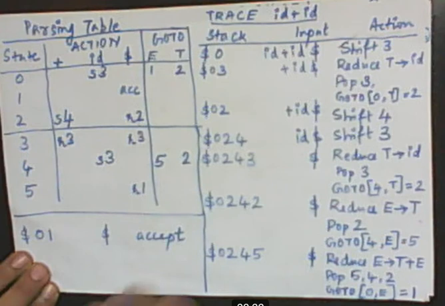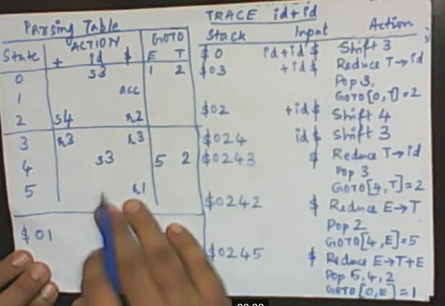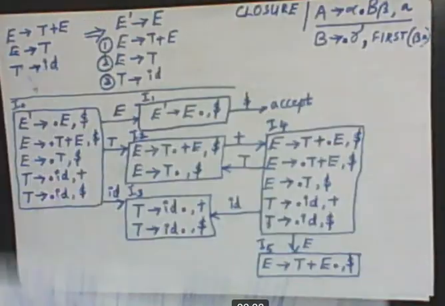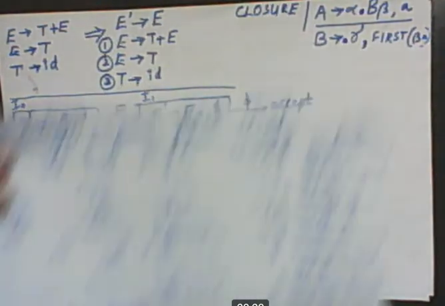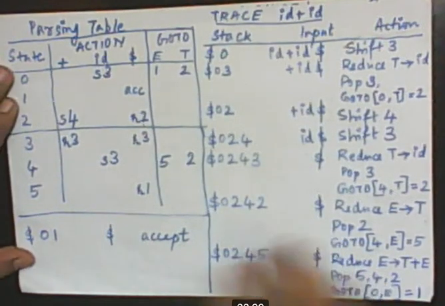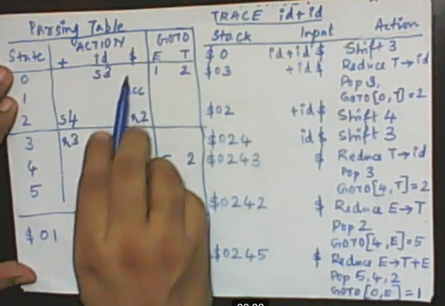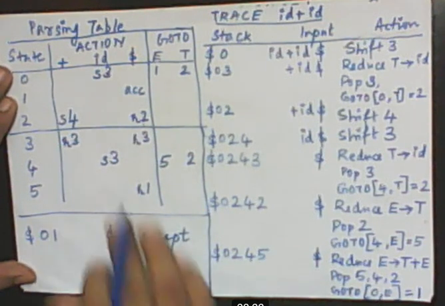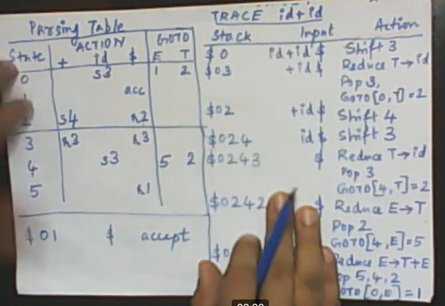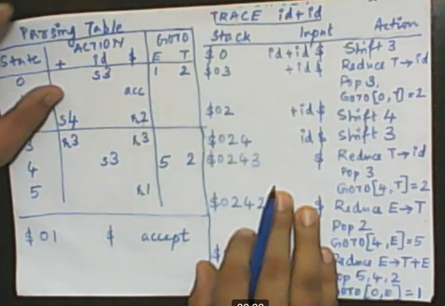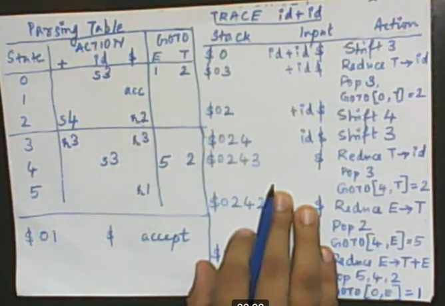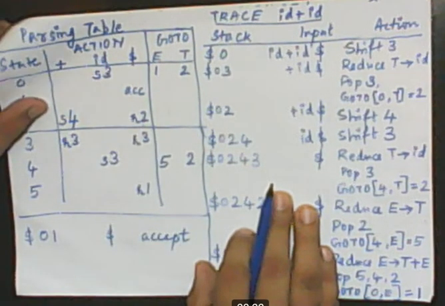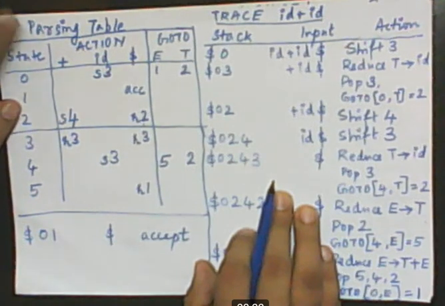The only thing you need to keep in mind is that you need to have this canonical LR1 collection of items, and you will be adding the reduction operations only against the look aheads that you get in this canonical LR1 collection of LR1 items. So this is the CLR canonical LR parsing technique.